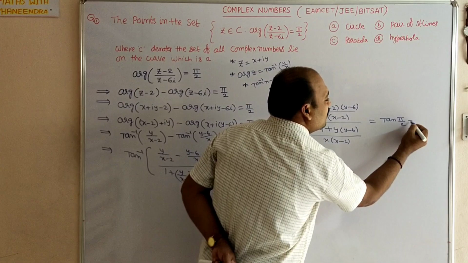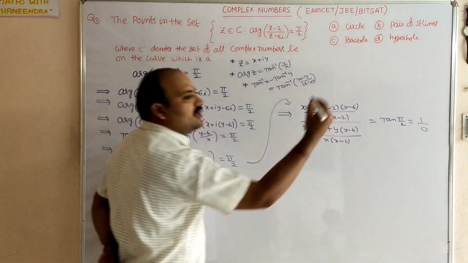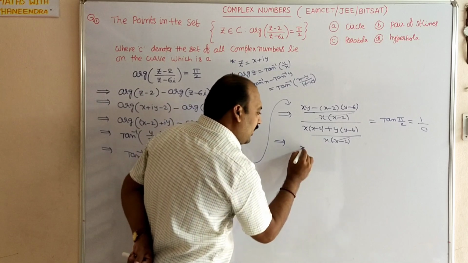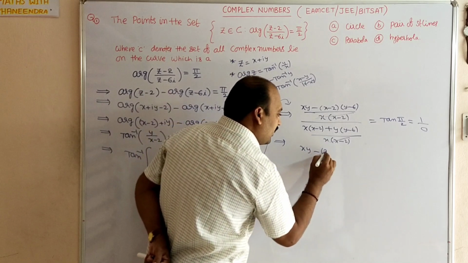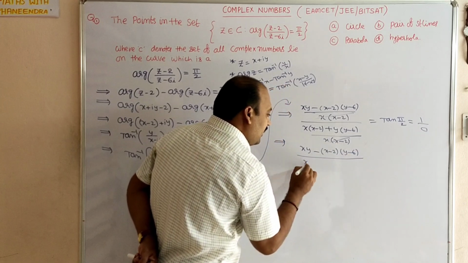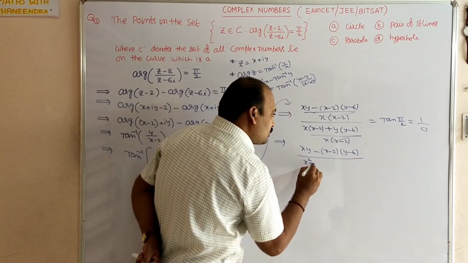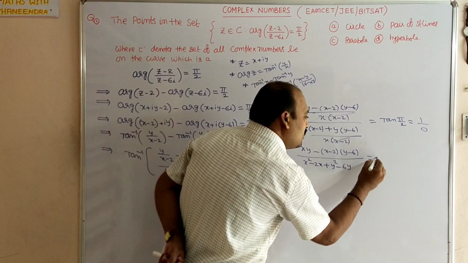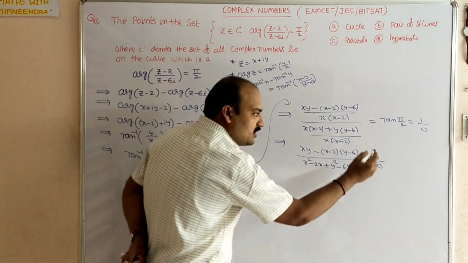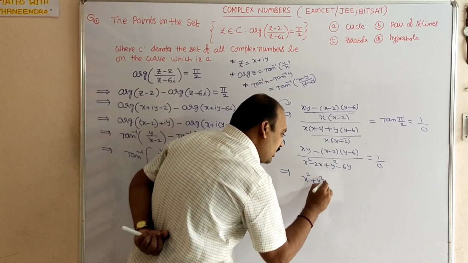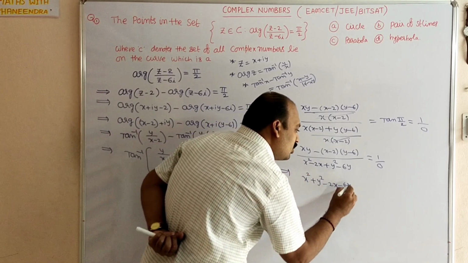Tan pi by 2 means infinity, which can be written as 1 by 0. So the two denominators cancel and we have x square minus 2x plus y square minus 6y in the denominator equal to 1 by 0. Cross multiplying, you will get the direct answer: x square plus y square minus 2x minus 6y equal to 0.